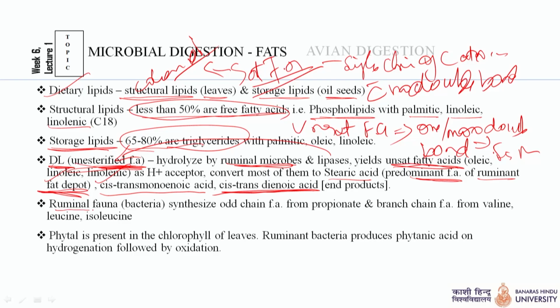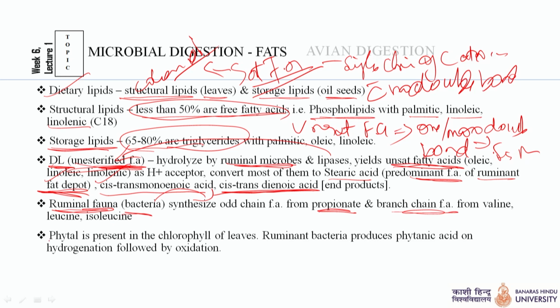Then the ruminal fauna, or especially the bacteria, synthesize odd chain fatty acids from propionate and branched chain fatty acids from valine, leucine and isoleucine. Even in protein digestion, we have seen that the branched volatile fatty acids are produced by utilizing valine, leucine and isoleucine, right? The organic acids.